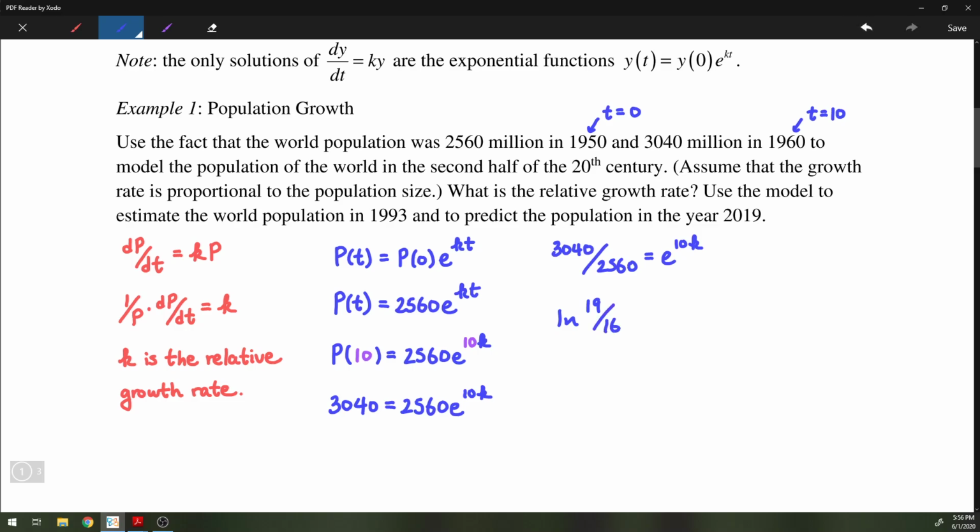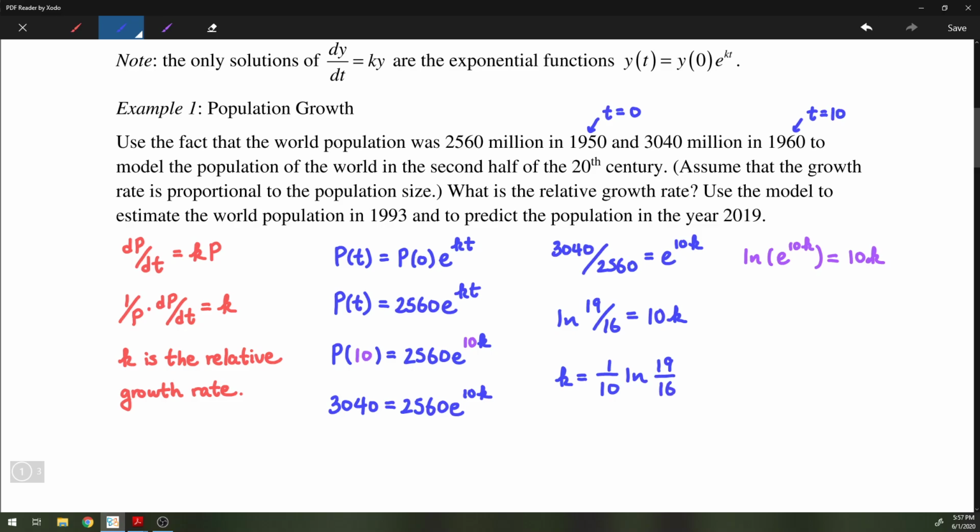On the right-hand side, recall that if we have ln, the natural logarithm of e to the, in this case, 10k, then we just have 10k. So now this is going to be equal to 10k. So k is equal to 1 over 10 ln of 19 over 16.